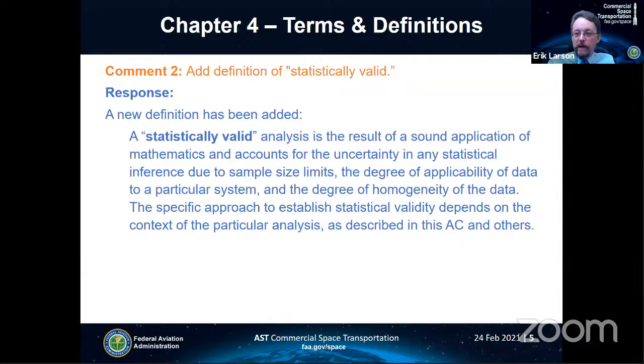So statistically valid analysis is the result of a sound application of mathematics and accounts for uncertainty in any statistical inference due to sample size limits, degree of applicability of data to a particular system, and degree of homogeneity of the data. This particular approach, though, depends on the context of the analysis and is described in this AC and others. So it's basically saying that you need to use mathematically appropriate definitions.